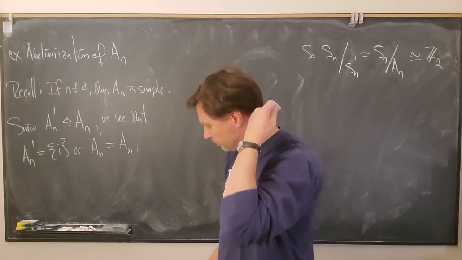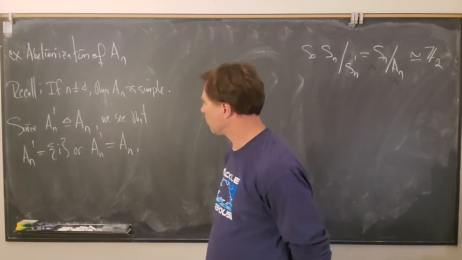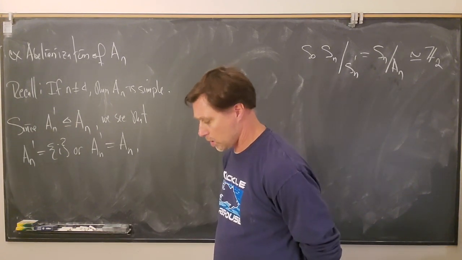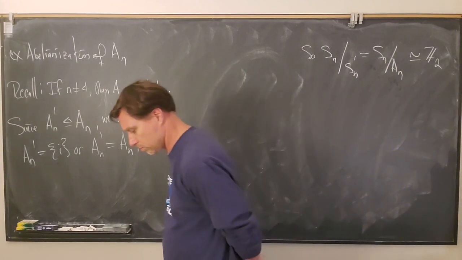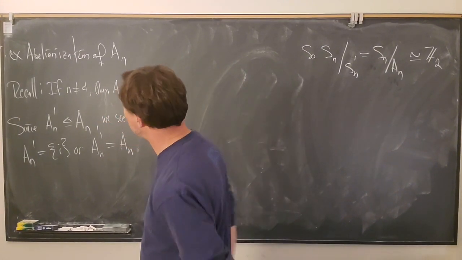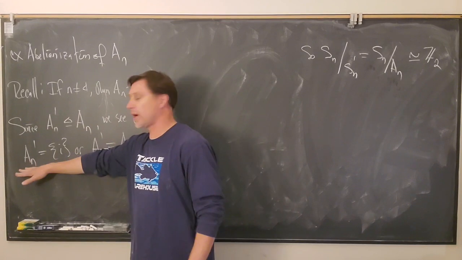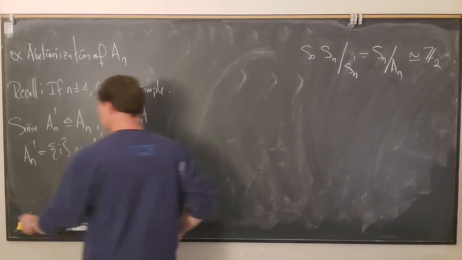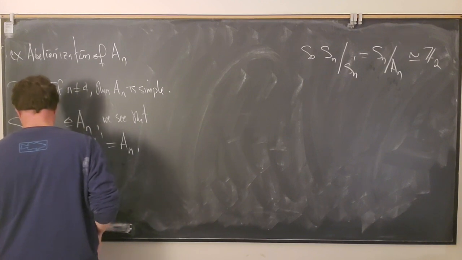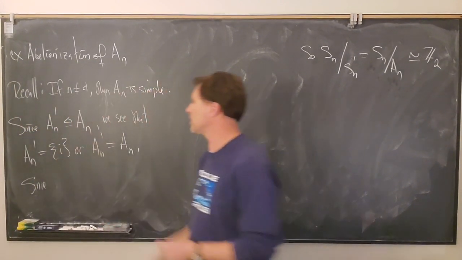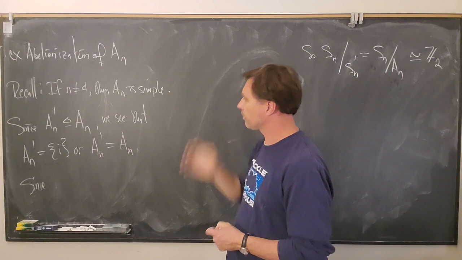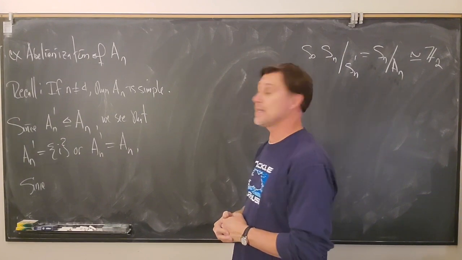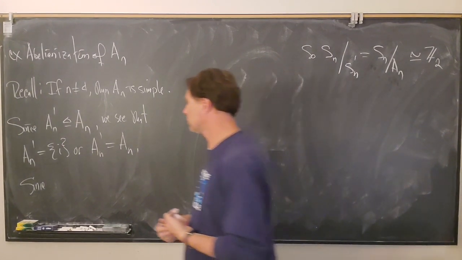But remember, the commutator subgroup is definitely not trivial. Just compute it, it's got a whole bunch of things. Or here's another way to say it: An is not abelian already.